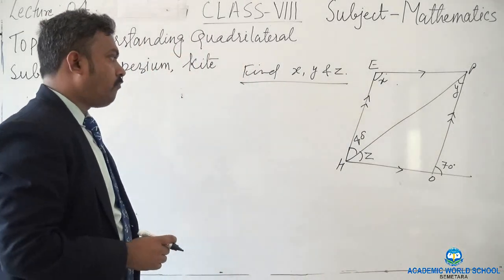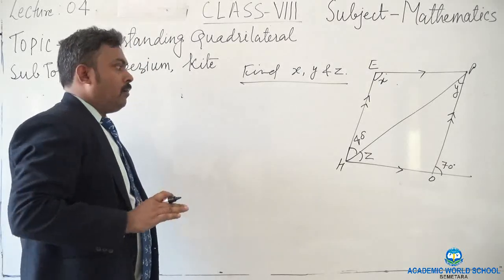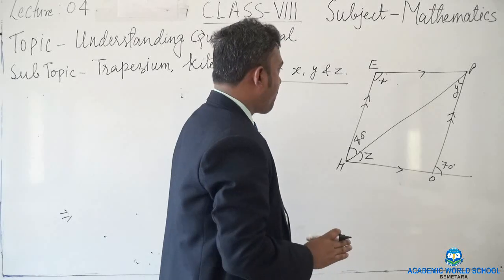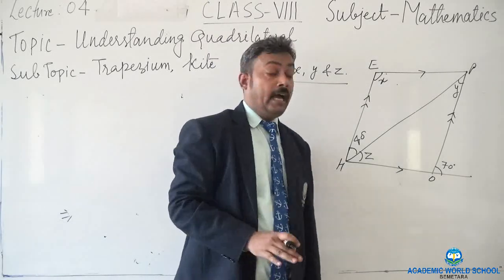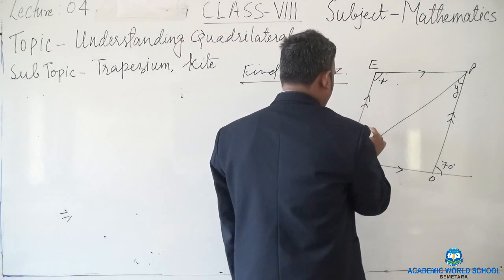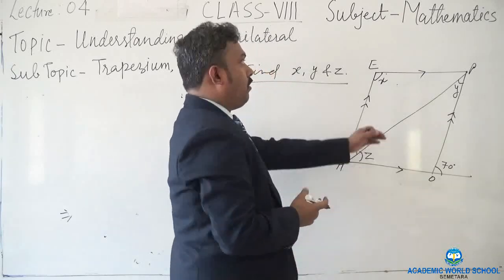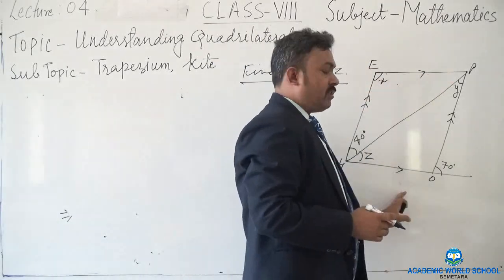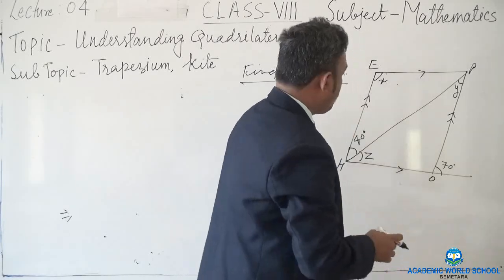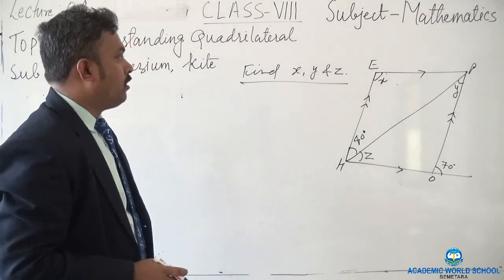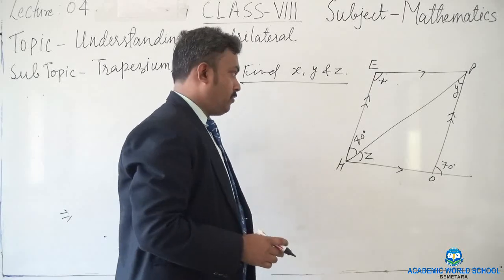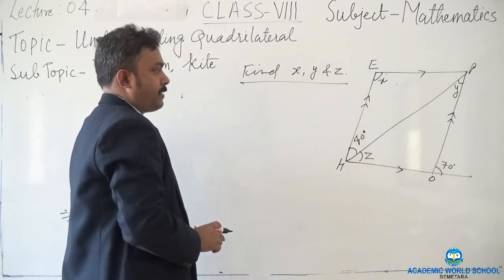Now see that. We will use the properties of lines and angles to solve this question. Because this is a parallelogram, opposite sides are parallel, so we'll use the parallel line properties.